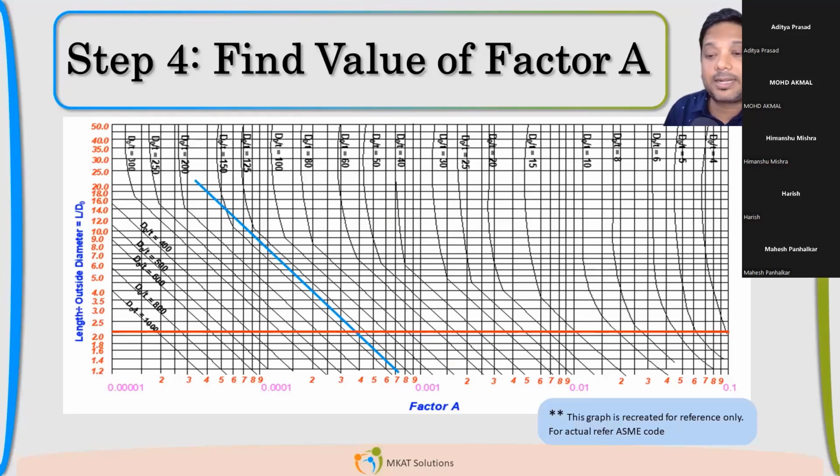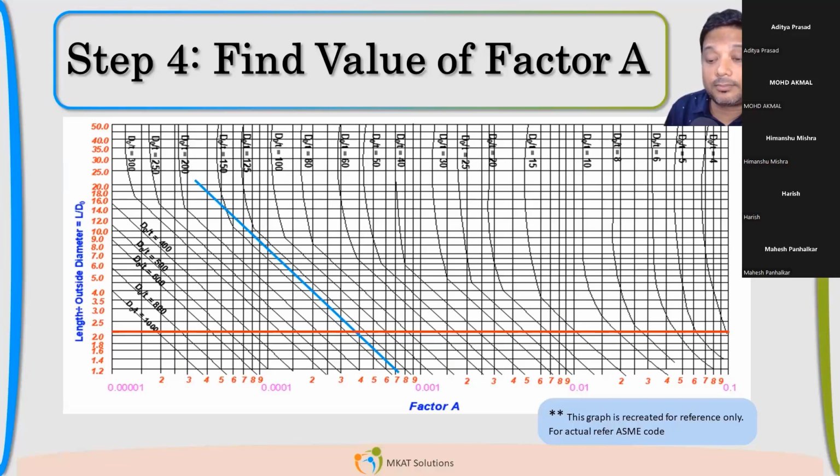Yes, Manoj, exactly. We can use tables after this graph. If you see in the code, once these graphs are over, you will find tables for all these ratios. We will see, not in this class but in a later class, how to use the tables and how to use the interpolation. Many times we get confused about how to use it, but it's easy. You just have to do it one time, and after that it will become really easy.